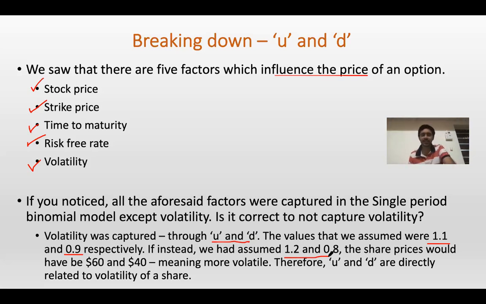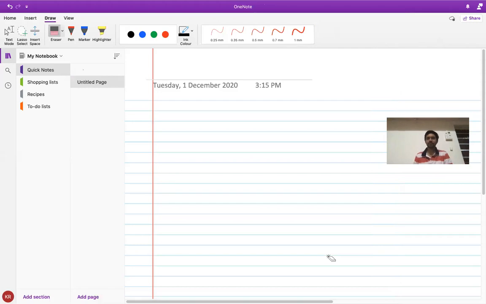So if you actually imagine the example that we took, we had taken 50 as the current share price, and we said it could be 55 or it could be 45.